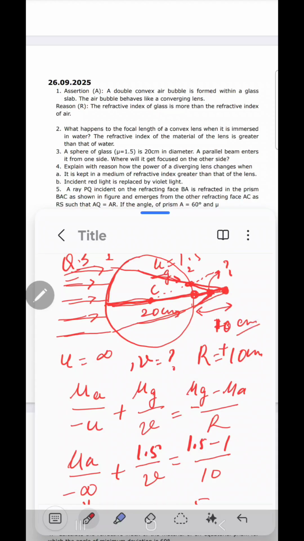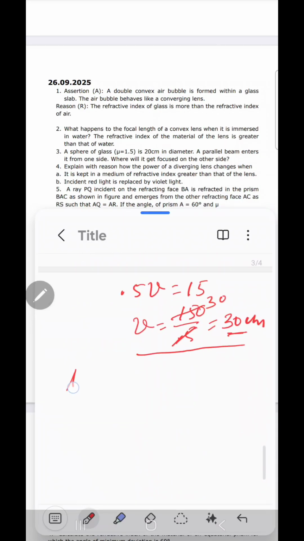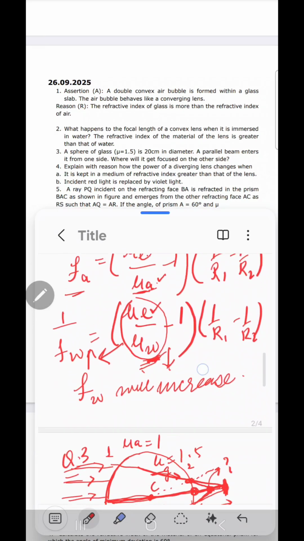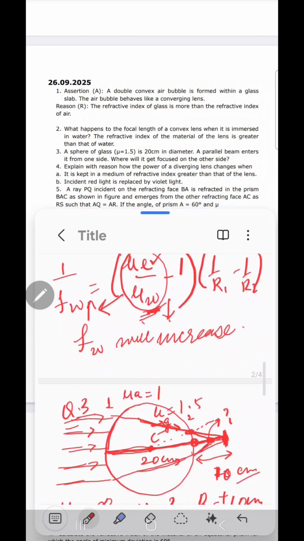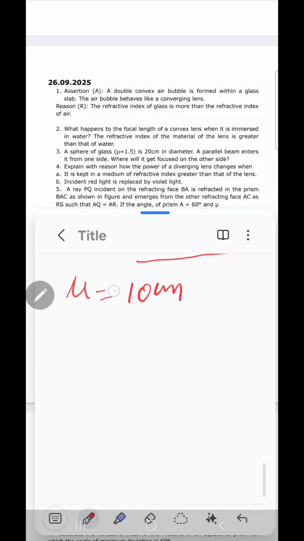So as incident rays come from the object, this image which is formed by surface number 1 would behave as the object for surface number 2. So this particular point would behave as a virtual object for surface number 2, and u would be 10 centimeter. The incident rays are in this direction, and you have to go in this direction to measure the distance of u. So it is a virtual object, so here u is positive.